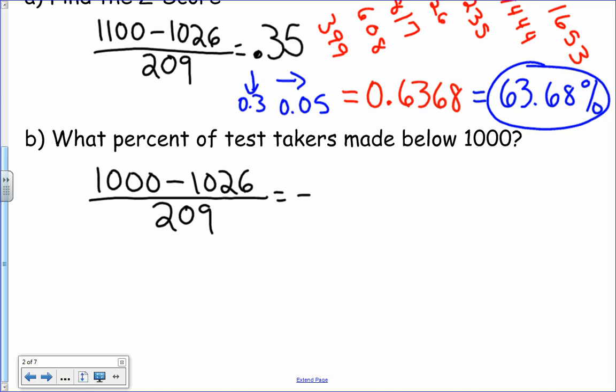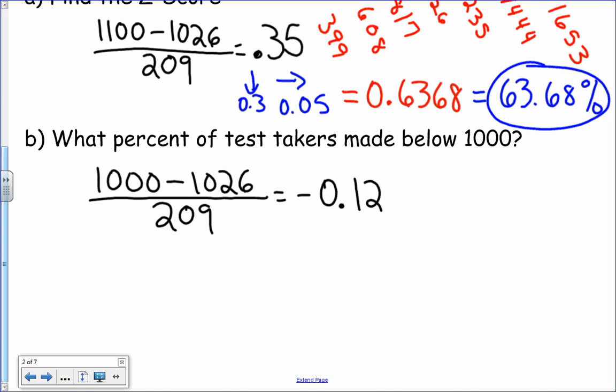Round to 2 decimal places. Anybody in here get negative 0.12? Yeah. Okay. So your z-score is negative 0.12.